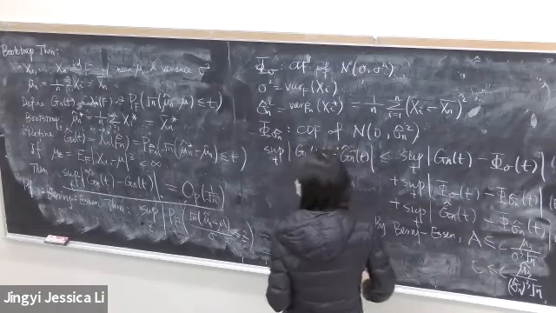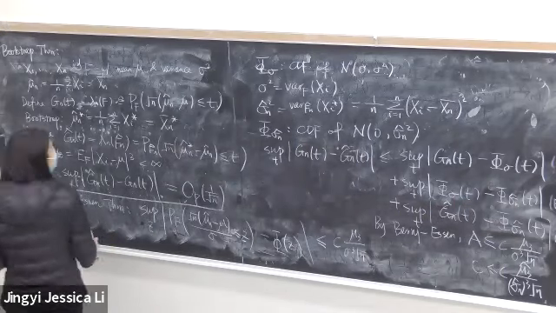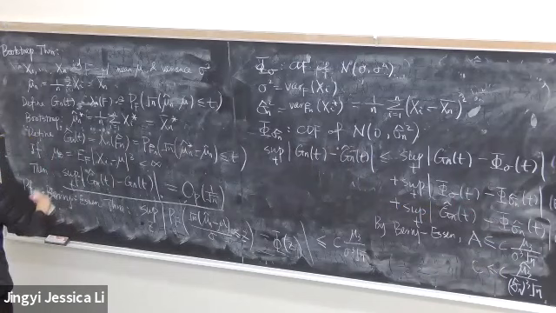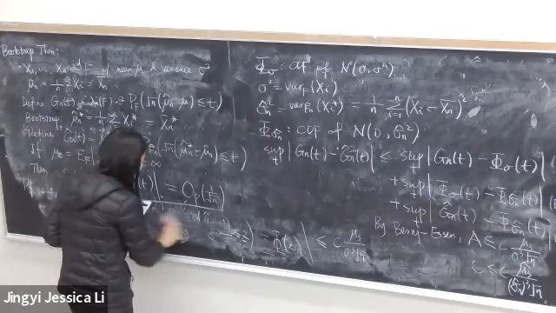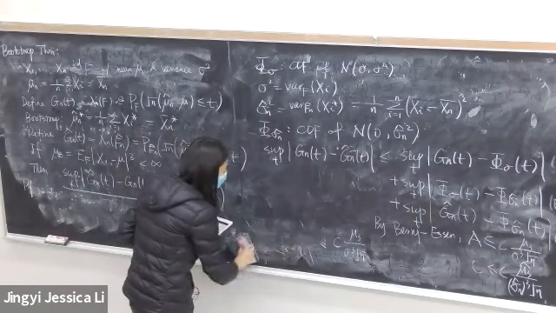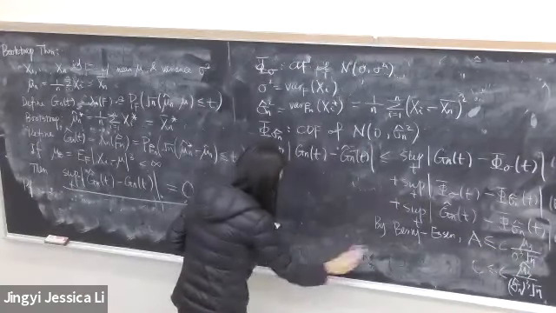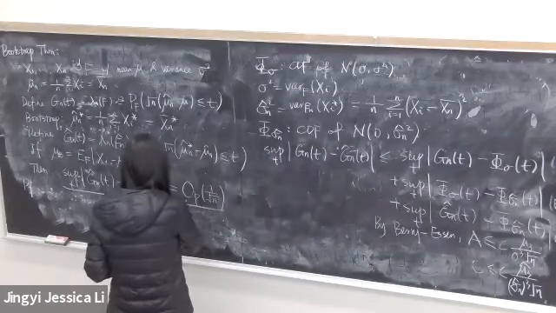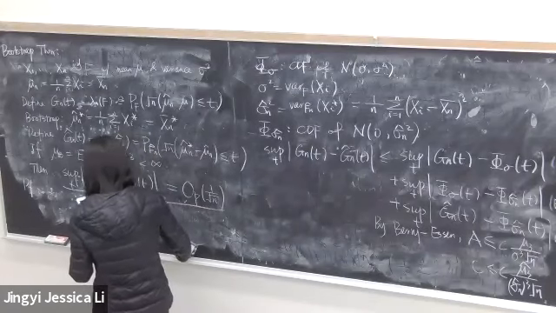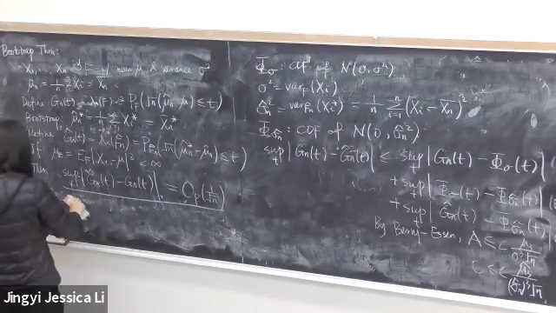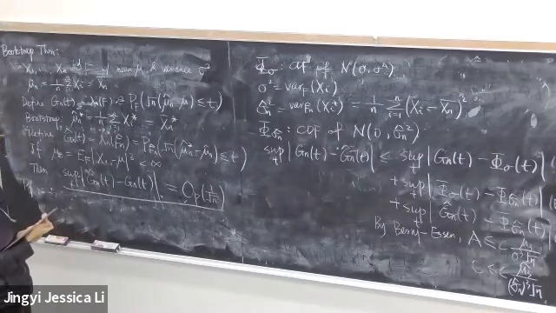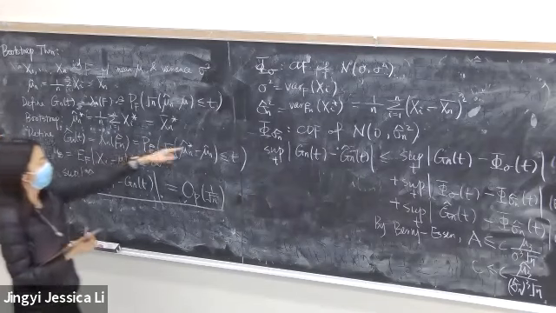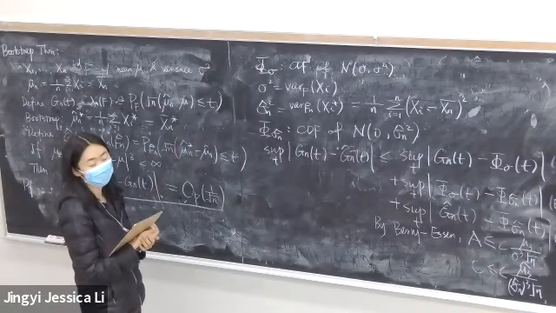The reason is, let me erase the Berry-Esseen, because sigma n hat square is actually a function of moments.